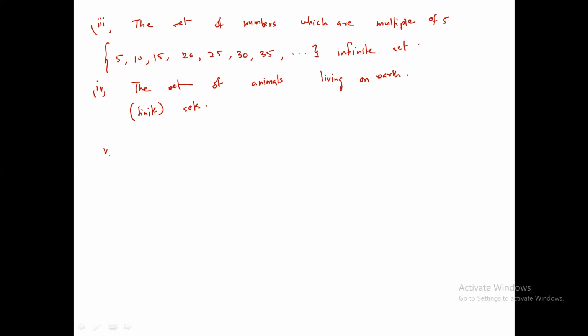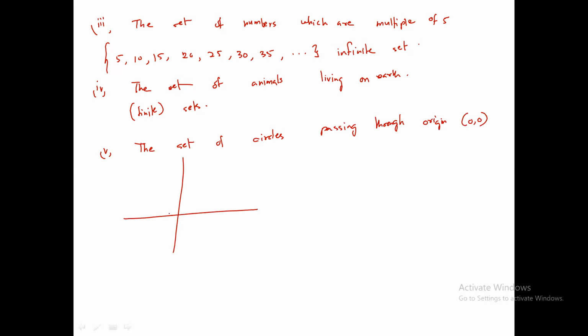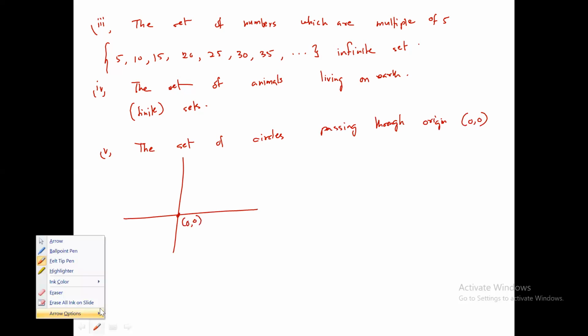Next, fifth one, the set of circles passing through origin (0, 0). So if you have origin (0, 0), how many circles can you draw?